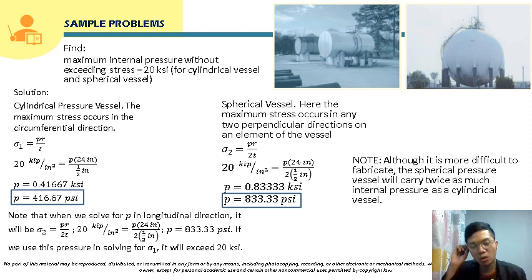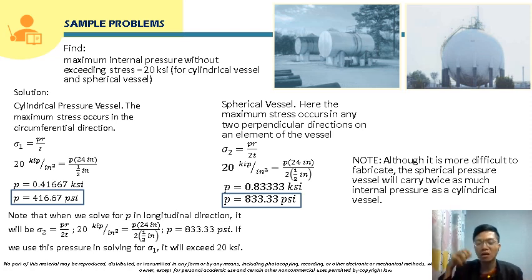Now, take note and notice that although it is more difficult to fabricate, the spherical pressure vessel will carry twice as much internal pressure as a cylindrical vessel. So spherical vessels can withstand greater pressure compared to cylindrical vessels.